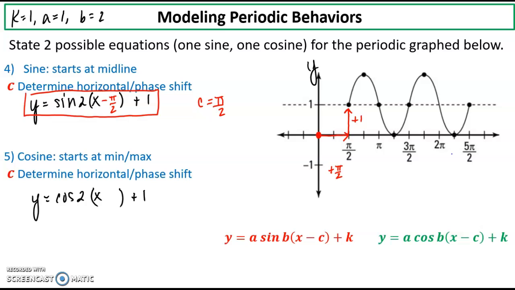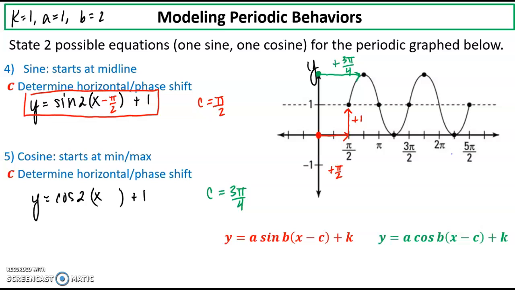Now for the graph of cosine, it starts up at the maximum point. So how far did I move to get to that point? I have moved over 3 pi over 4. So if my equation is going to be for a cosine graph, my C value is now equal to 3 pi over 4.